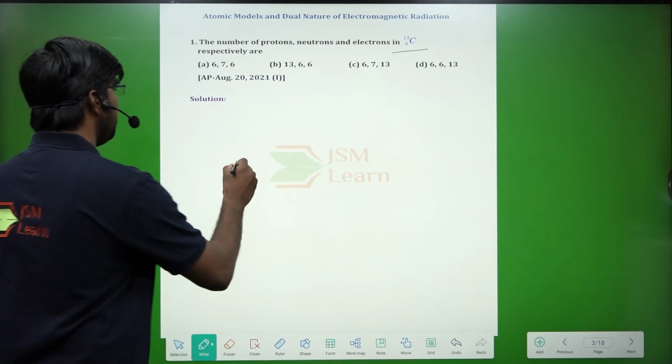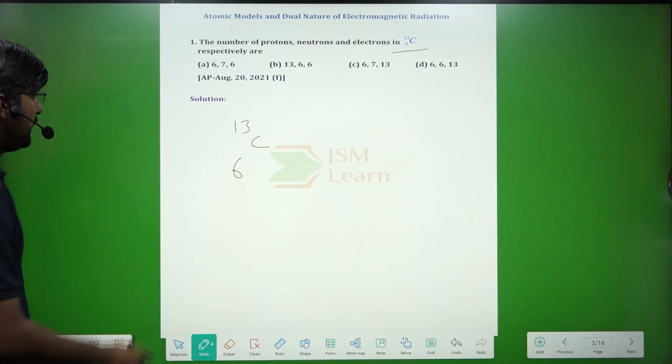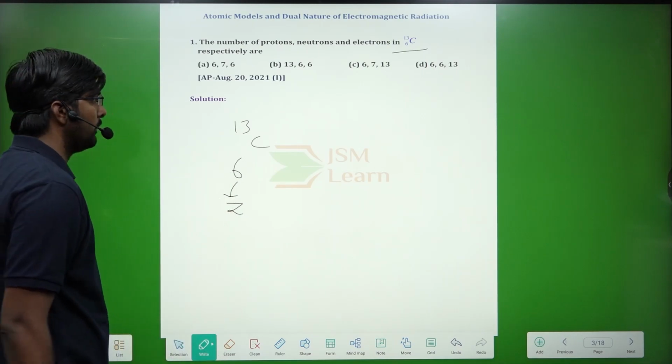Okay, so here given that 6 carbon 13. See here, what is this? This is nothing but the atomic number. And what is this?